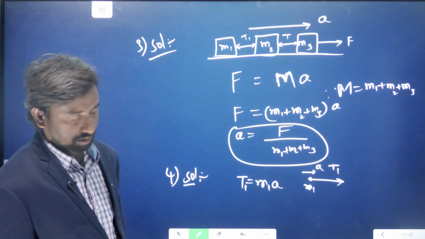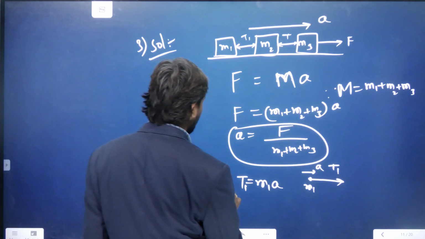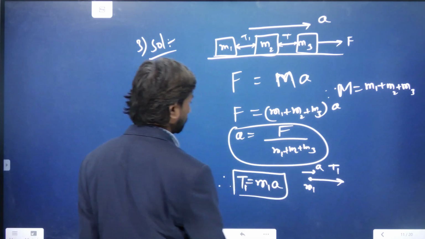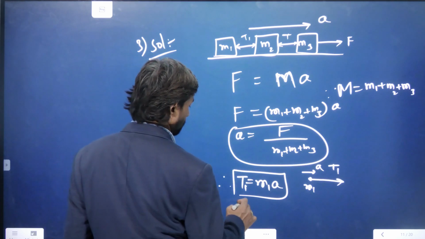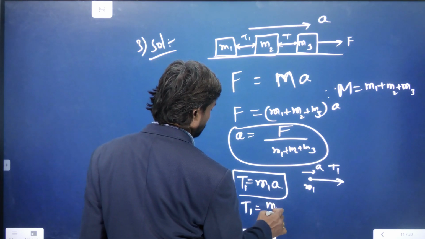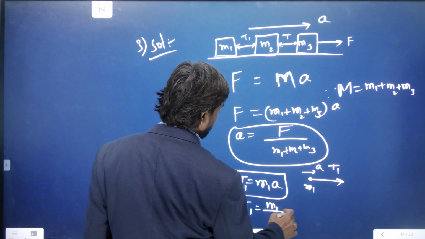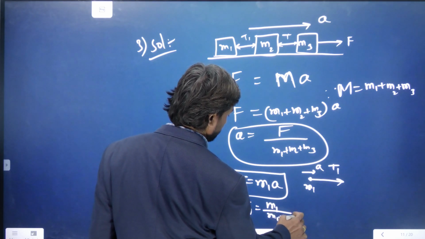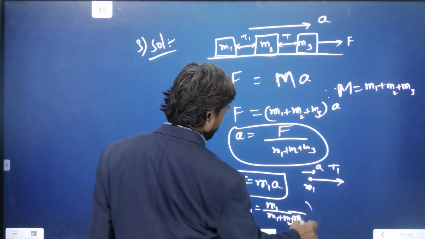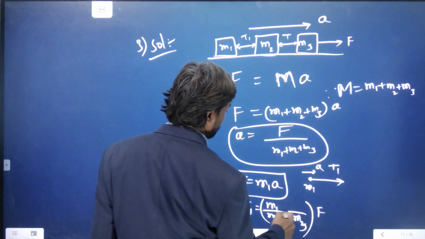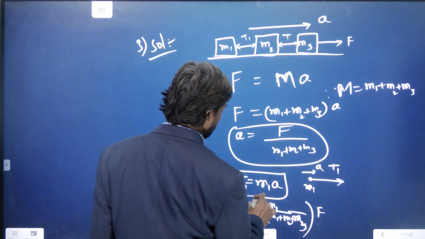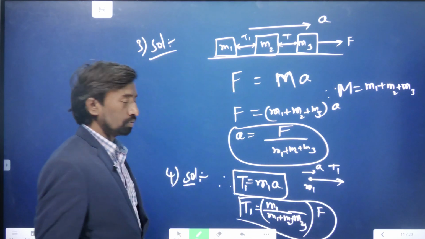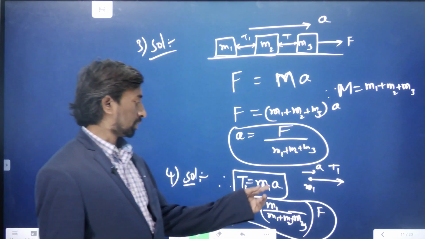Otherwise, the answer is given directly. Therefore, the tension is M1 into A, so it can also be represented as M1 divided by M1 plus M2 plus M3, multiplied by F. Suppose the acceleration is given, we can find it using this.